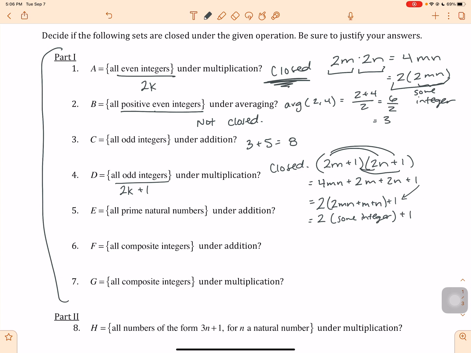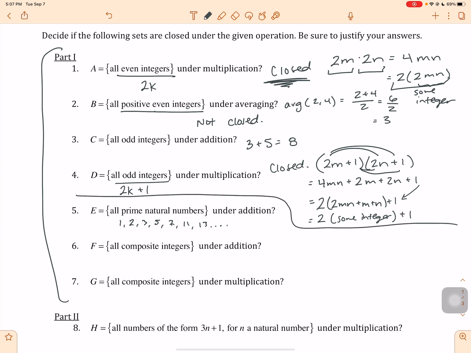For example, prime, we have 1, 2, 3, 5, 7, 11, 13, and so on, right? So you want to see, is that set closed under addition? If you add any of those two together, do you get another prime natural number? If you do, then it's closed. If not, then it's not closed, right? So if it's not closed, you just have to find one that doesn't work, and bam, it's not closed.